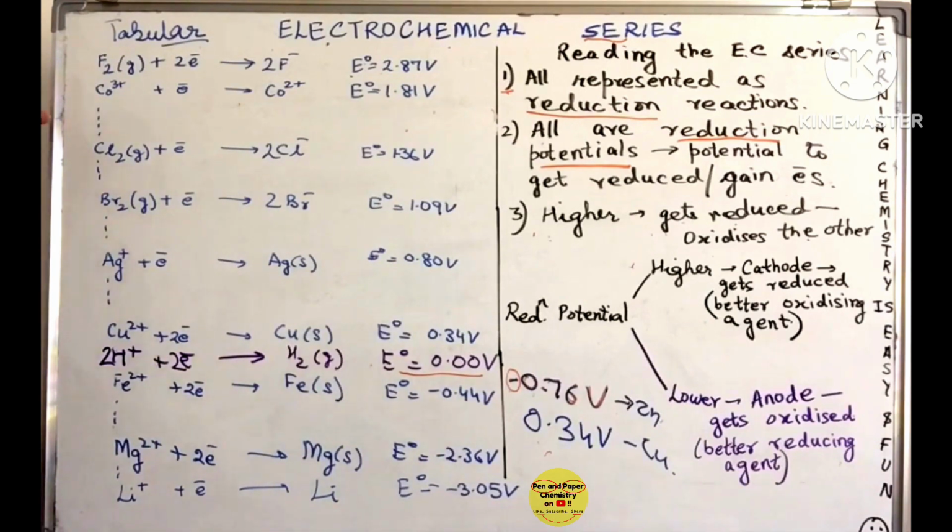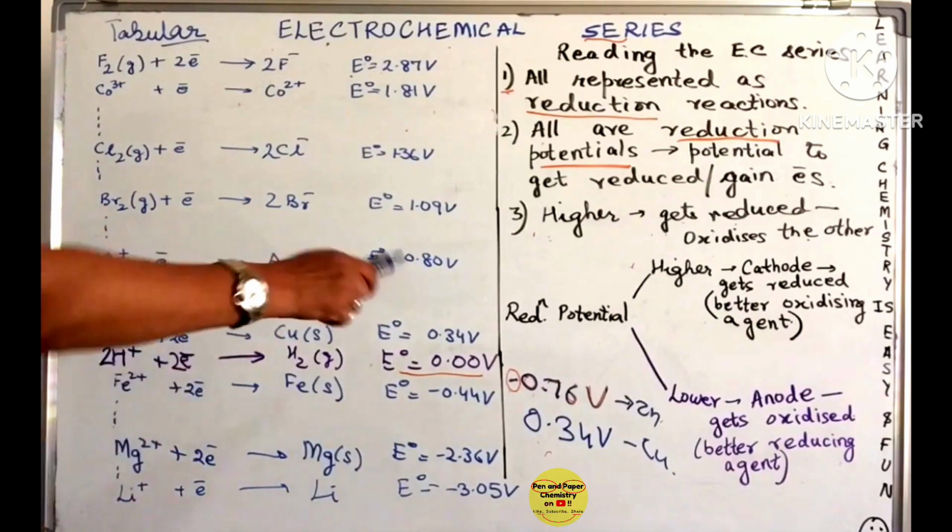Based on the third point, let's suppose I have to compare chlorine and bromine. Give me the answer now: if we put together ions and element of chlorine and ion and element of bromine, which of the 2 will behave as the cathode, and which will behave as the anode? Go ahead, just see.